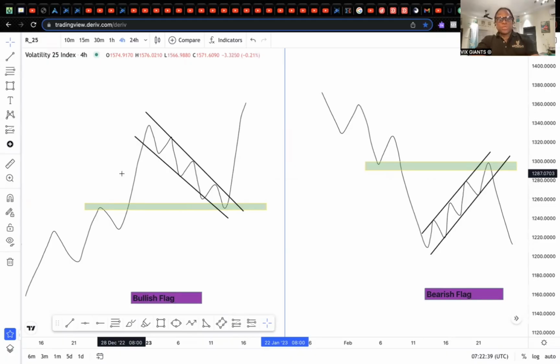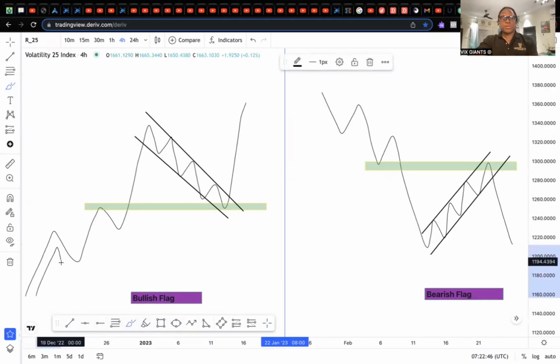So usually it resembles something like this, where you would be in an uptrend, the market trending up nicely, right? And then the market creating higher highs, higher lows.